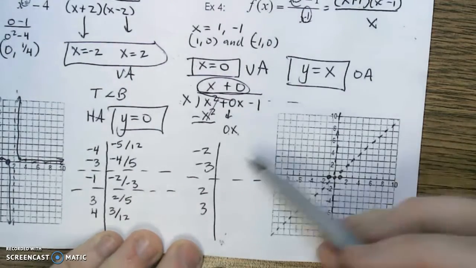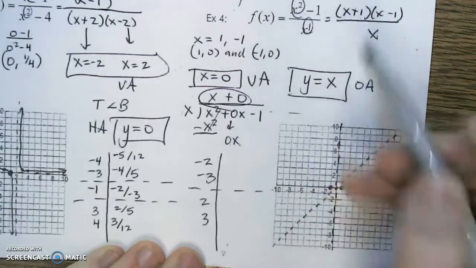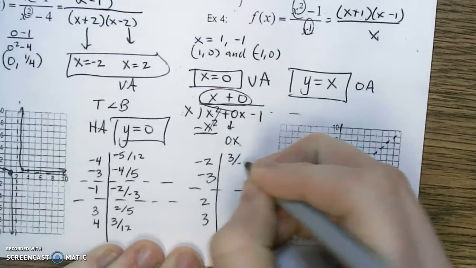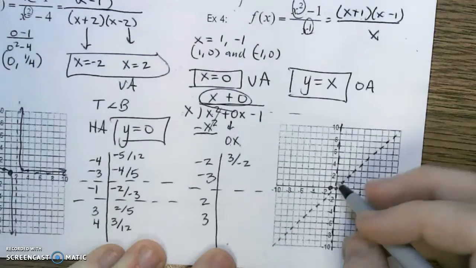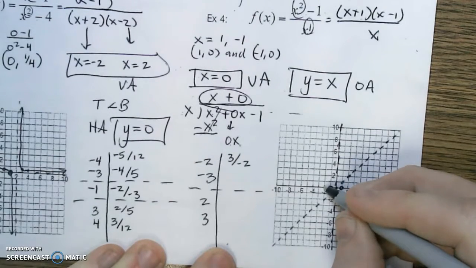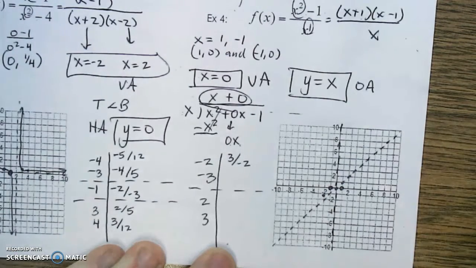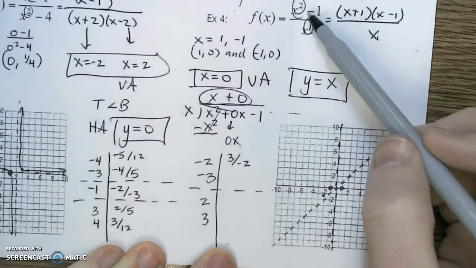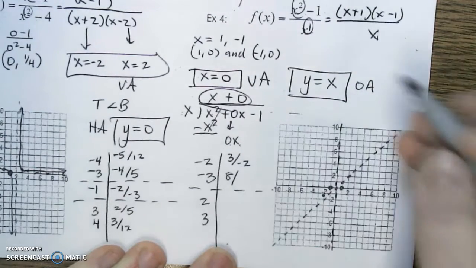So if I plug in -2 up here, I'm going to get 4 minus 1, which is 3, over -2. So, negative 1.5. So down 1.5, pretty close to the dotted line. If I plug in -3, I'm going to have 9 minus 1, which is 8, over -3.